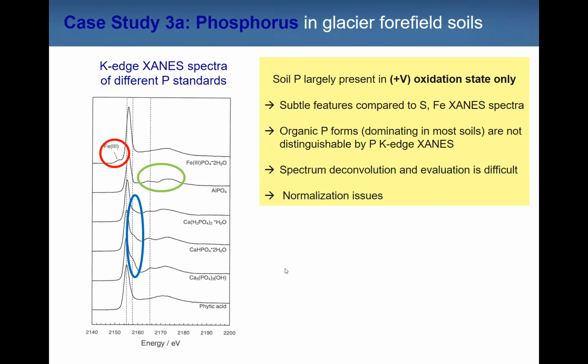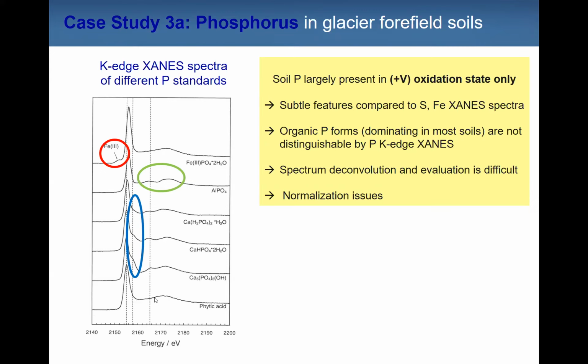Secondly, the features of different phosphorus compounds are much less prominent compared to the features in sulfur and iron K-edge spectra. For example, if you want to differentiate aluminum phosphates from iron phosphates, you have to look at this small pre-edge feature here. This is the difference between aluminum and iron, and maybe you see a little difference in the post-edge features, but the problem is that there are organic compounds, phytic acid, which don't have post-edge features either.